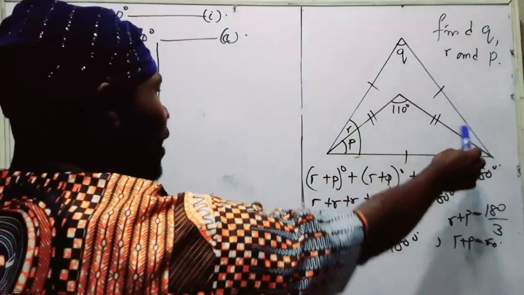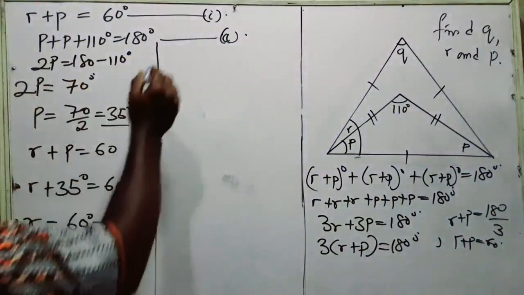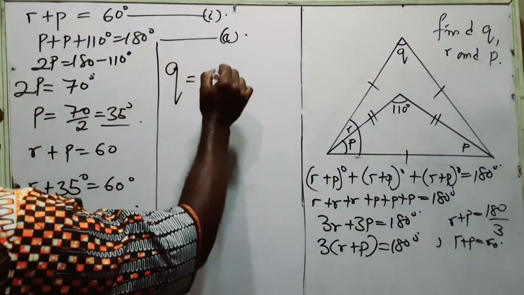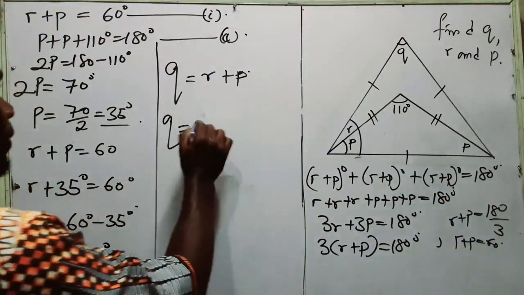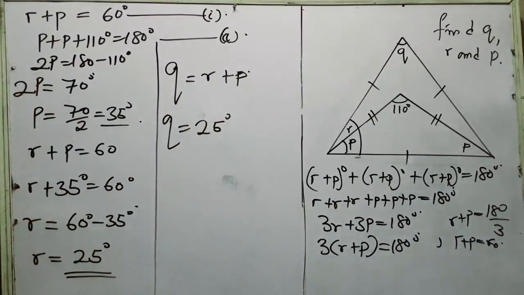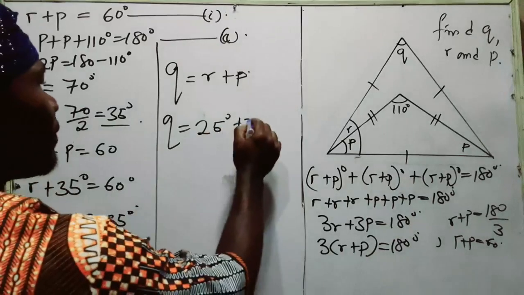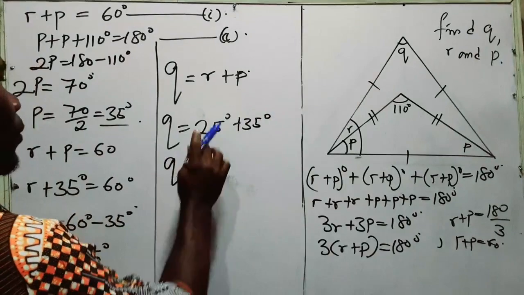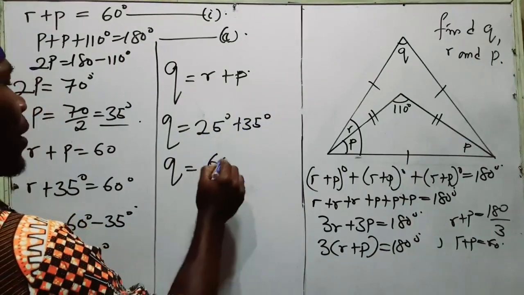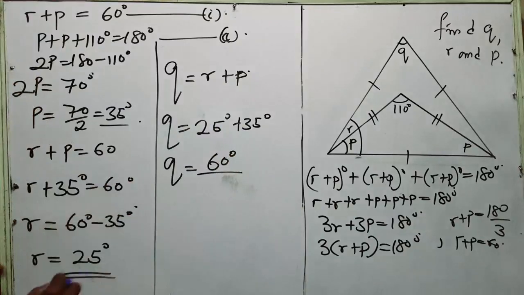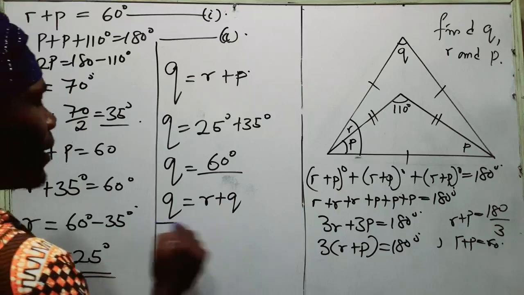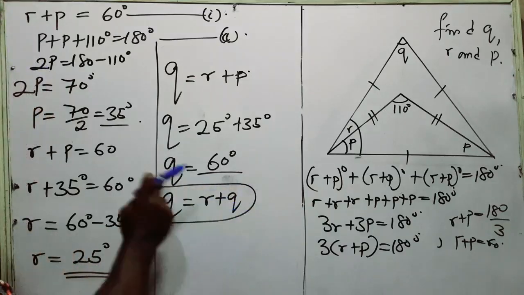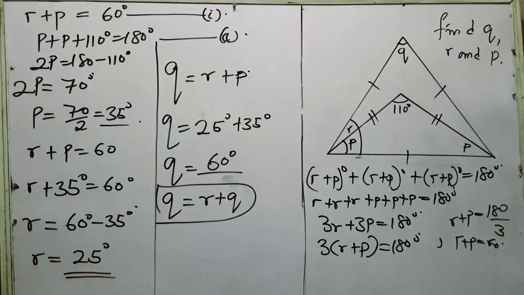R plus P. The total here is also R plus P. So now Q is equal to R plus P. Recall, you got the value of R to be 25 degrees and P to be 35 degrees, whereby Q is equal to 25 plus 35, which will give us 60 degrees. But recall, I said earlier that Q is also R plus P. This is the real equation. So Q is R plus P, and at the same time Q is equal to 60 degrees.